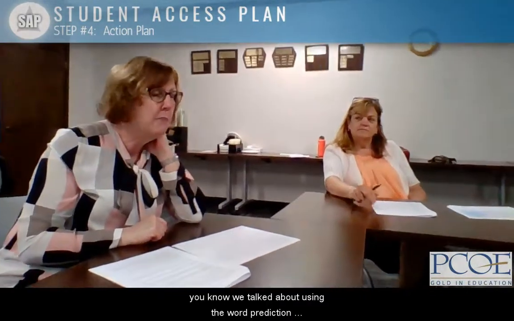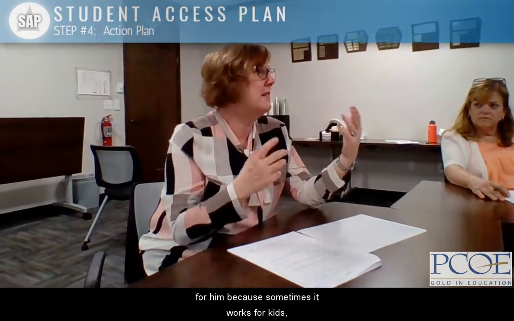I'm thinking for, we talked about using the word prediction support that comes within Read and Write, but I'm thinking that might be something that we do more under a trial for him, because sometimes it works for kids, sometimes it doesn't. It's really one of those things you can't say with any certainty that they're going to adapt to and it's going to be the right support for them.